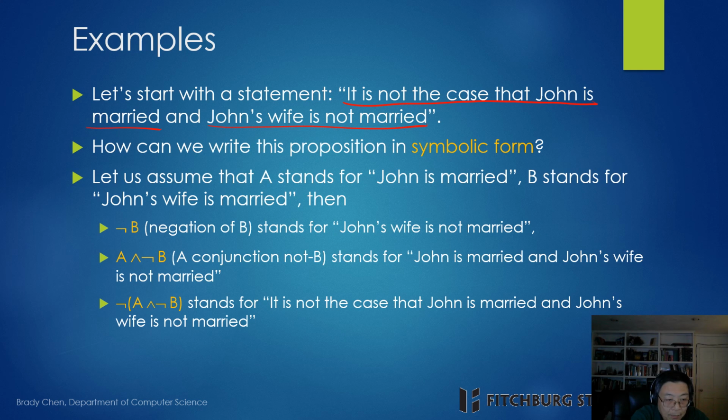So it looks like this statement is very complicated. How can we write this proposition using symbolic form? That means we start from simple propositions and use the operations to build this complicated proposition. Let's assume that A stands for John is married.